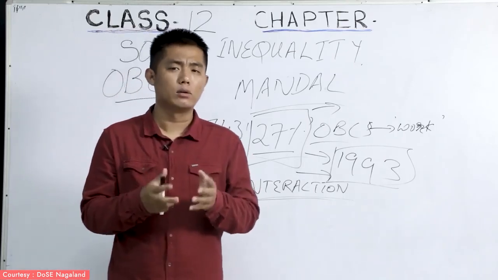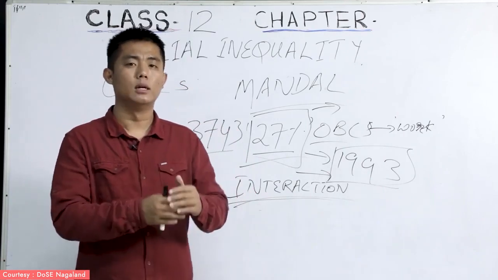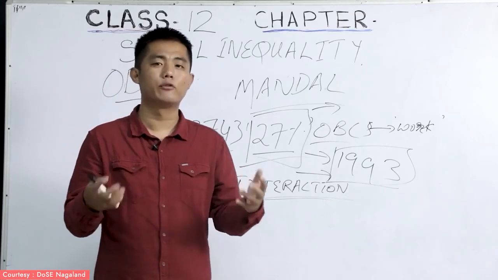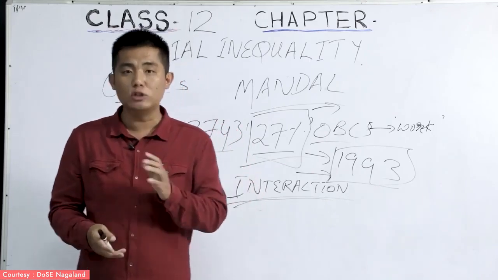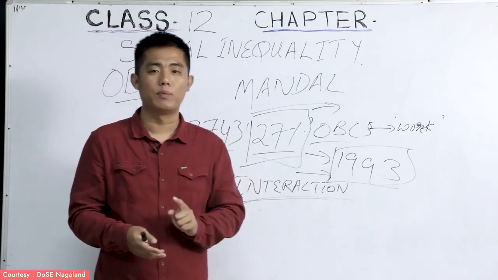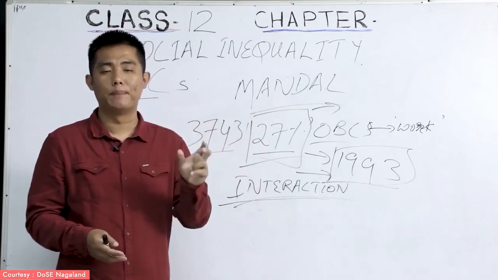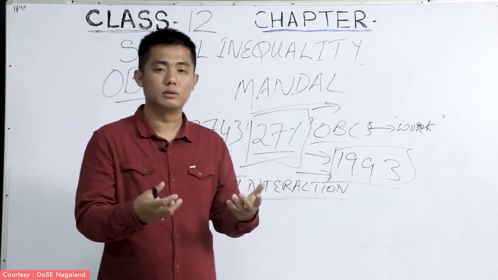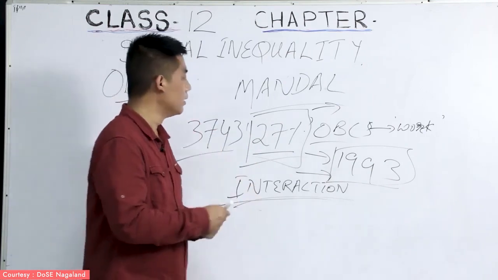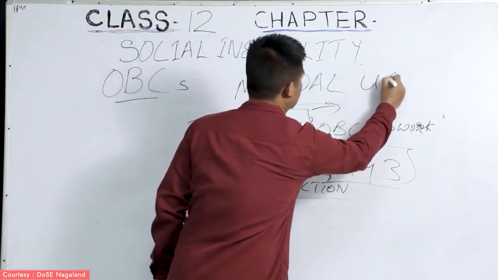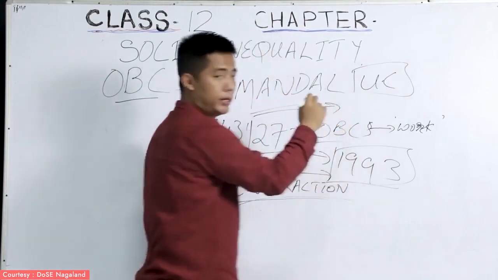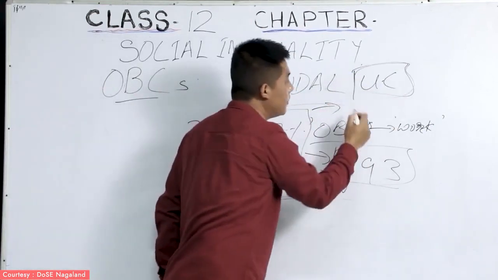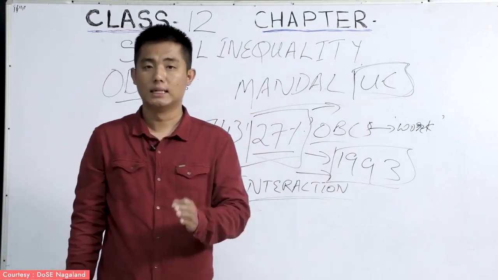They were very much independent, they did not have to depend on anyone. But the other group of people had to depend on the upper caste, in the sense that they had to work for the upper caste. This was the reason why these people had to depend on the upper caste.